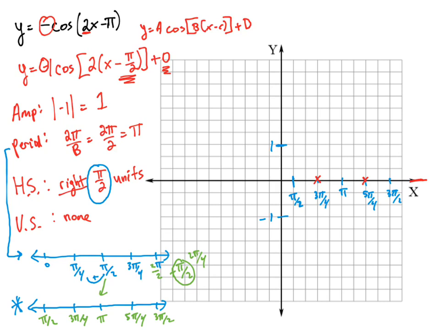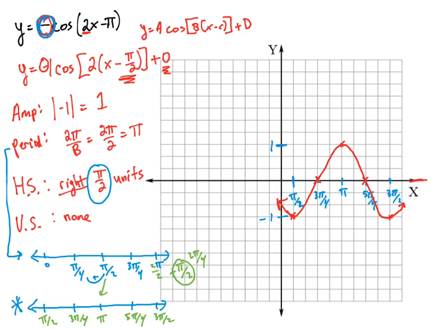Now, because the leading coefficient is negative, instead of beginning up here, the graph is going to begin down here. So the graph is going to go like this, and then at pi we're going to have the maximum value, and then it's going to come back down to the minimum value. So that is one period length for this graph.